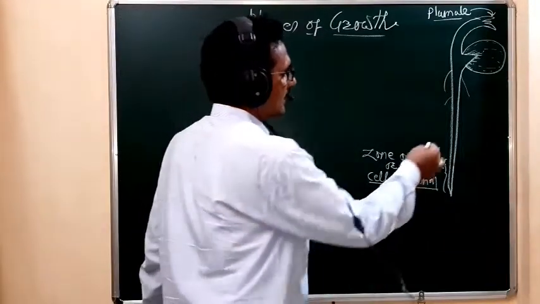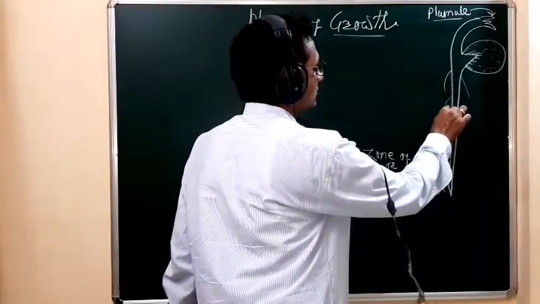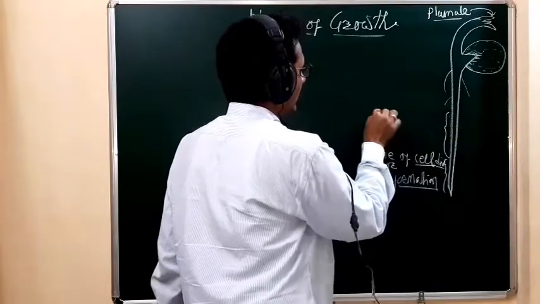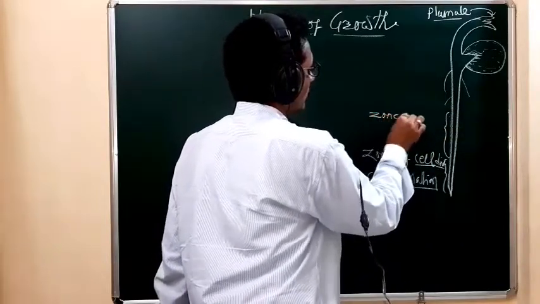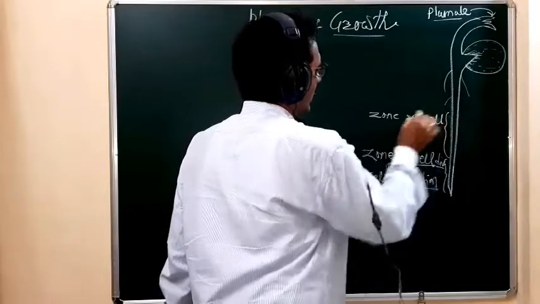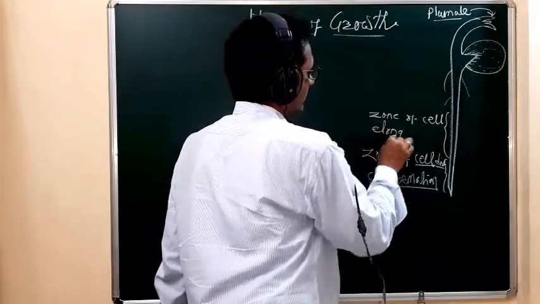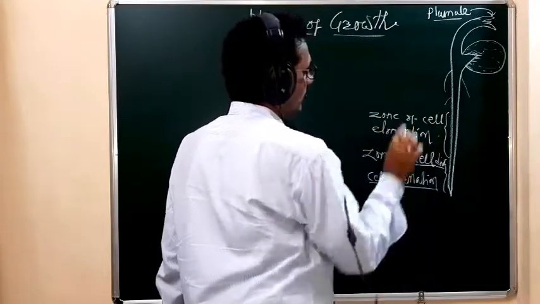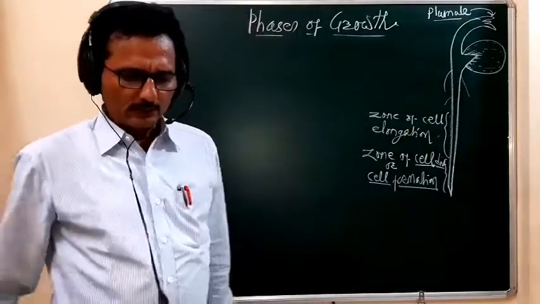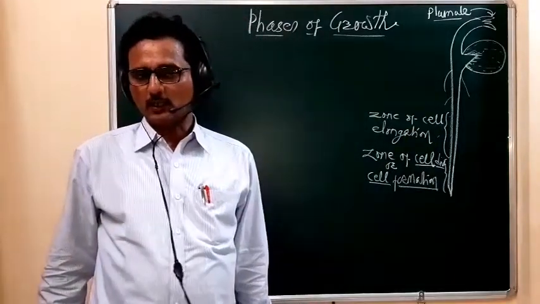Just above it, that region is called the zone of elongation, the zone of cell elongation.